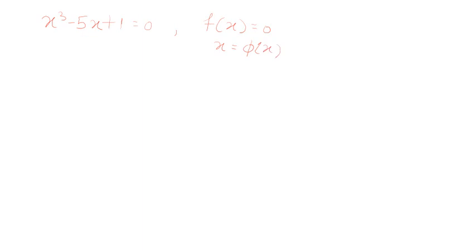Either you call it phi or you can write it capital F, doesn't matter. One equivalent form of this, x equals phi of x, in the above equation is as follows. x equals 1 by 5 times x cube plus 1.